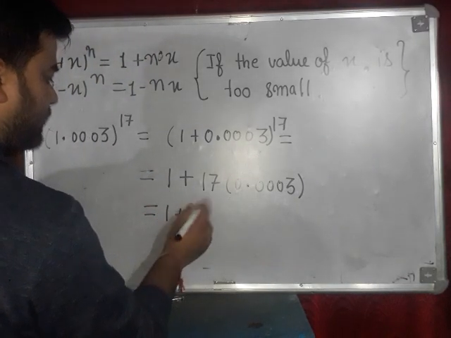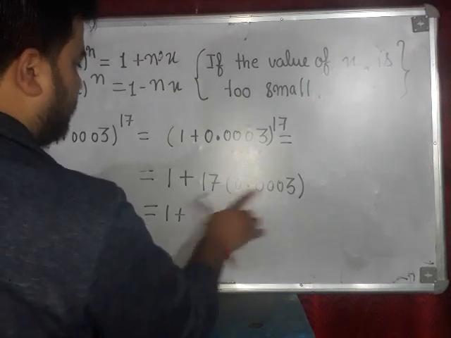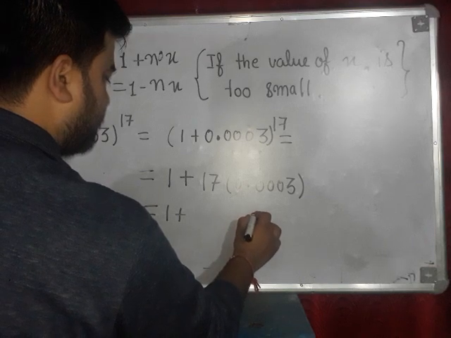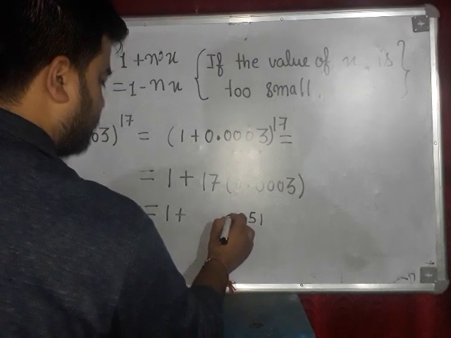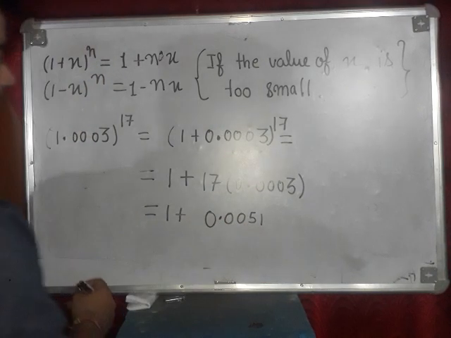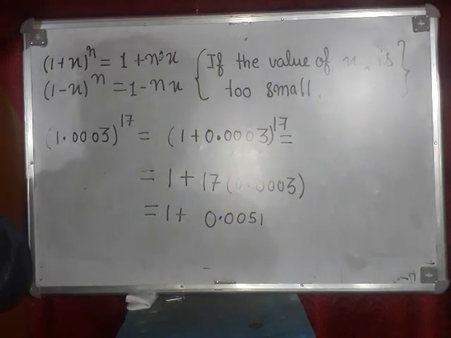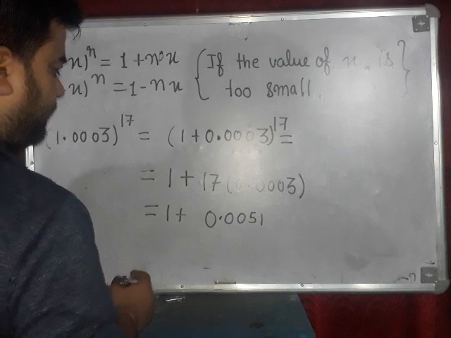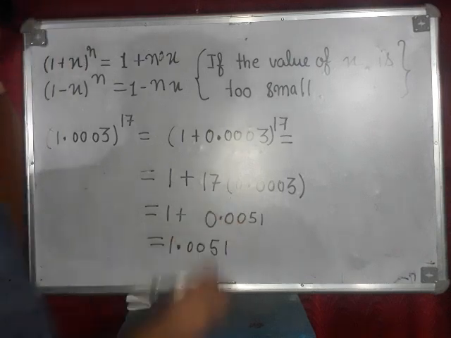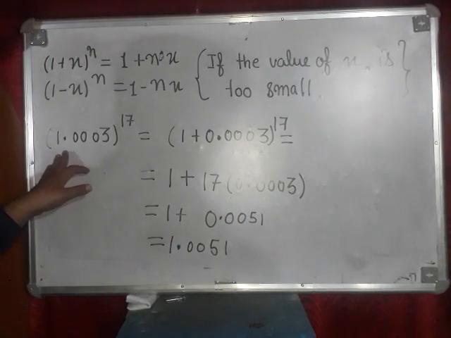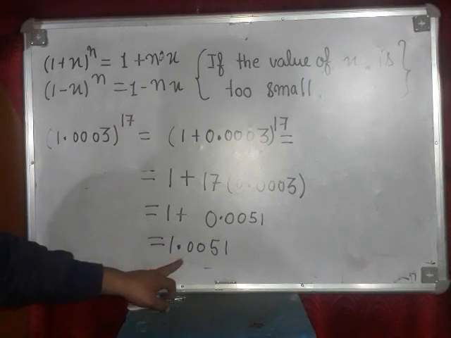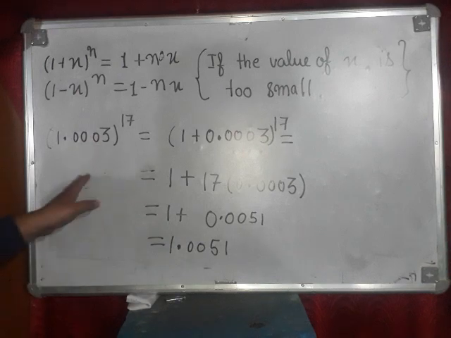Then 1 plus 17 into something, multiplied, 17 into 0.003, and adding it gives 1.051. That is the value of 1.003 whole to the power 17. That is not the exact value, that is an approximate value.